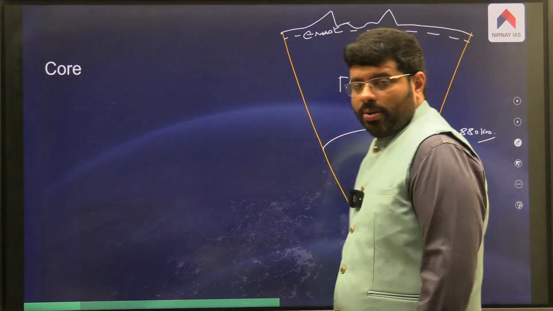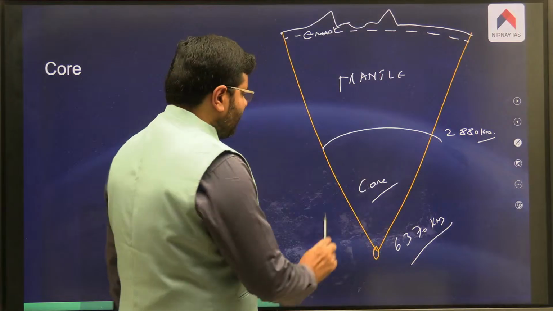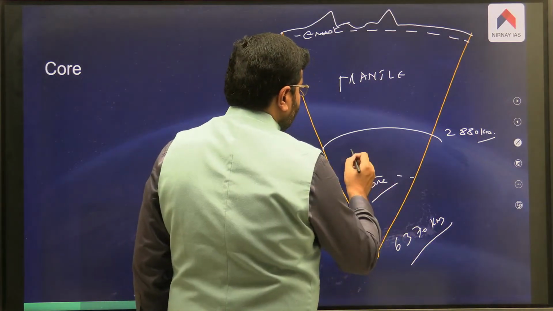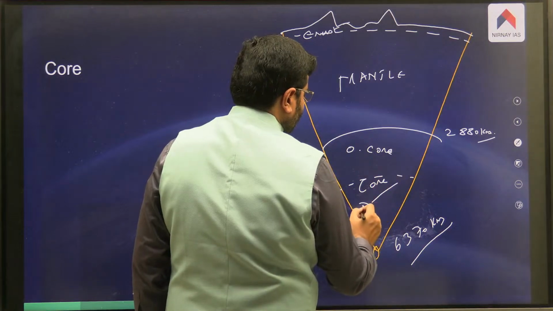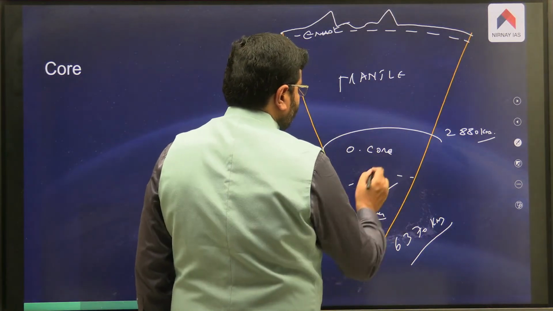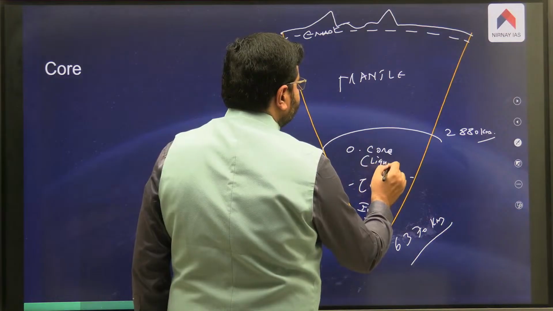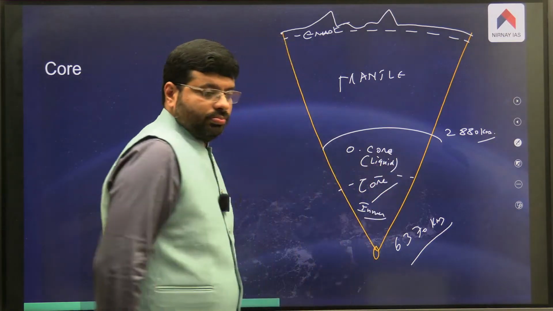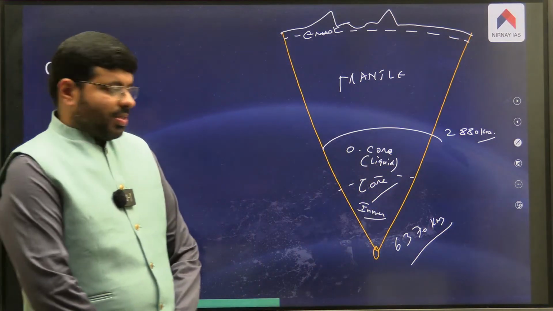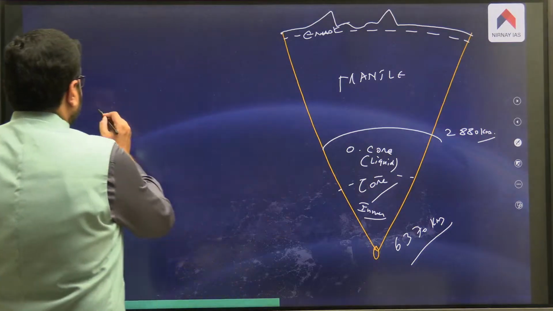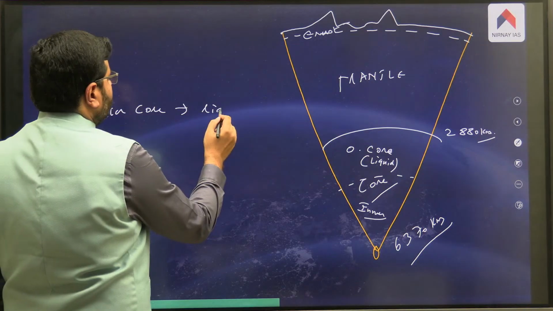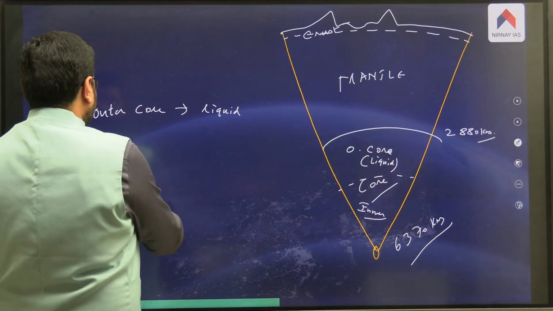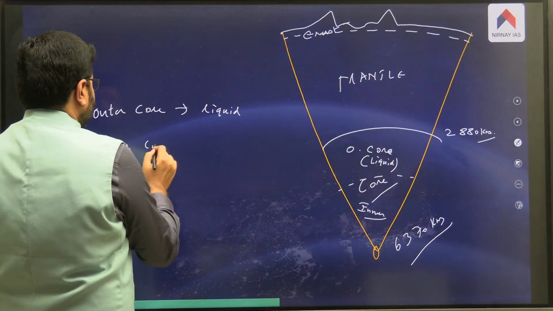Then we have the core. The core is once again divided into outer core and inner core. The outer core is liquid, the inner core solid.